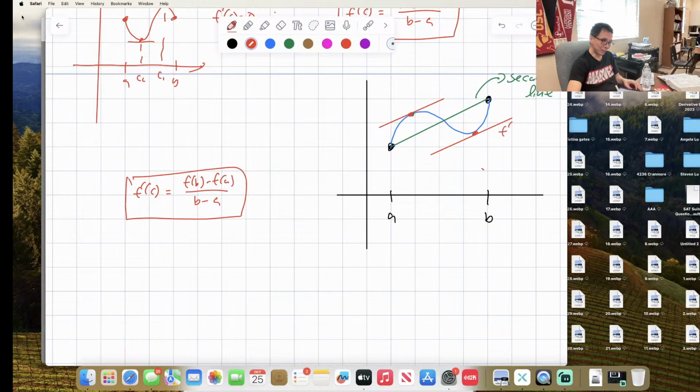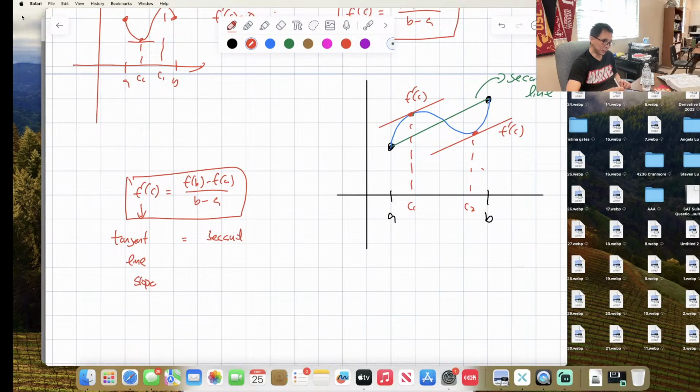This is the f prime of c, right? Now at this point, you're going to have a c1 and c2 where the tangent line slope is equal to the secant line slope. The way I think about it is like this: this f prime of c gives you a tangent line slope, which is equal to the secant line slope.